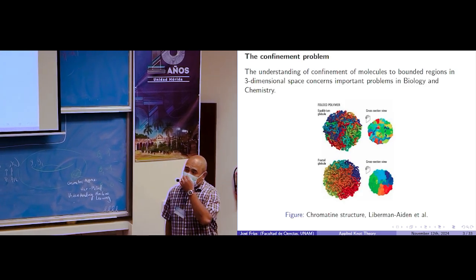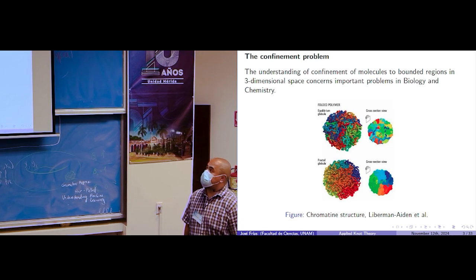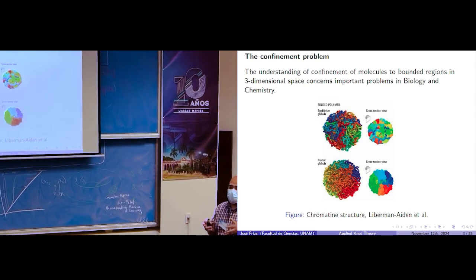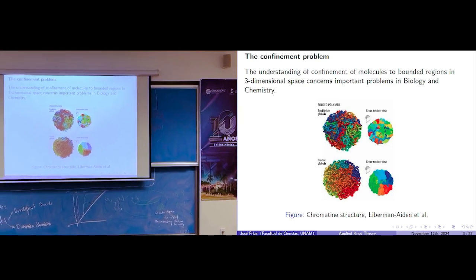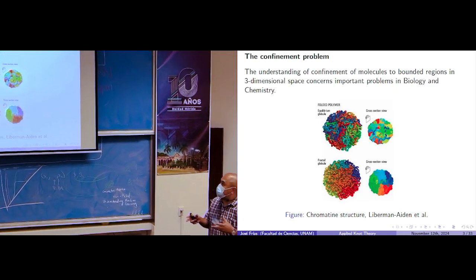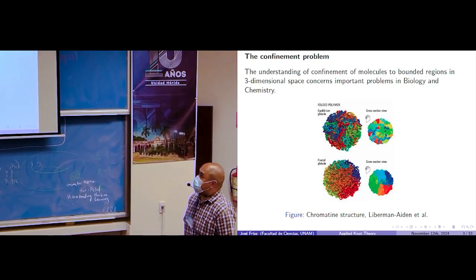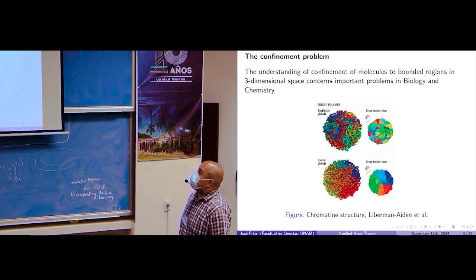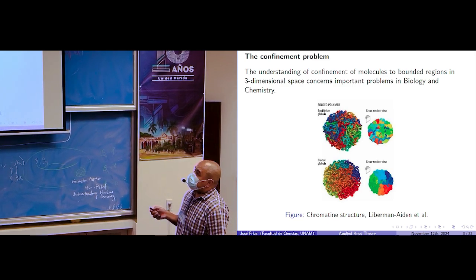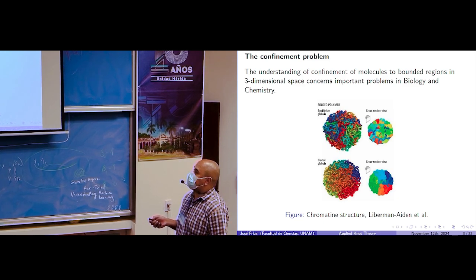So what is confinement in biology or chemistry? There are some situations in which we have molecules in confinement, and this confinement could be important for biological processes or any other issue. For instance, here we can see this chromatin structure, which is a high-level structure of DNA.